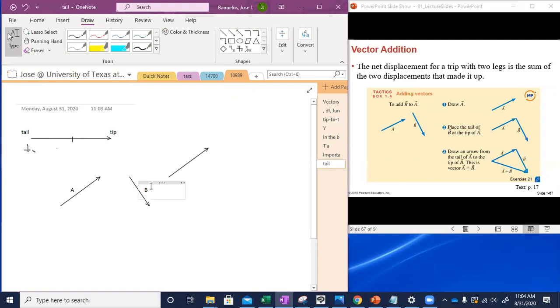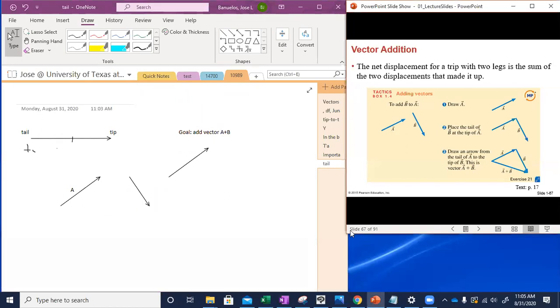If your goal is to add vector A, so do the operation A plus B, one thing you'll notice first is that every time we write down vectors, they put a little arrow symbol over them.